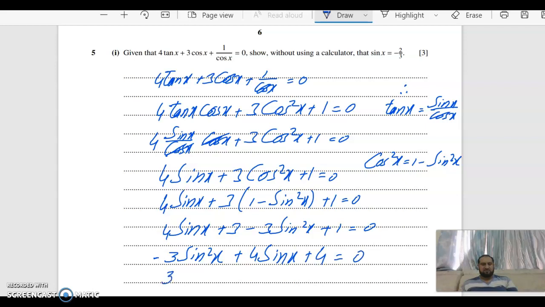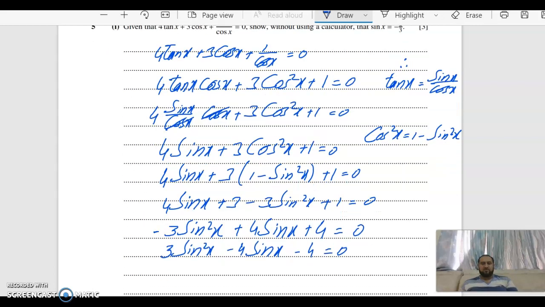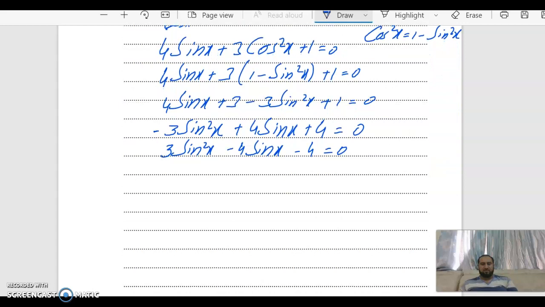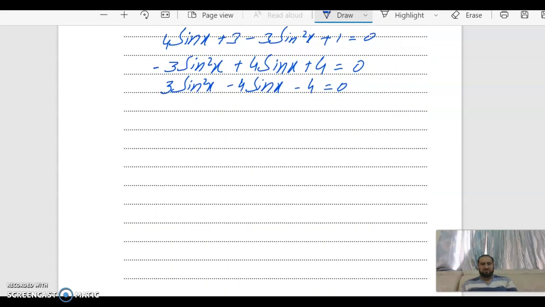We can get rid of the minus sign by multiplying the whole equation by minus, so this will be 3 sine square x minus 4 sine x minus 4 is equal to 0. Now we can see this is a quadratic equation in terms of sine, so we can use any method to calculate the roots.